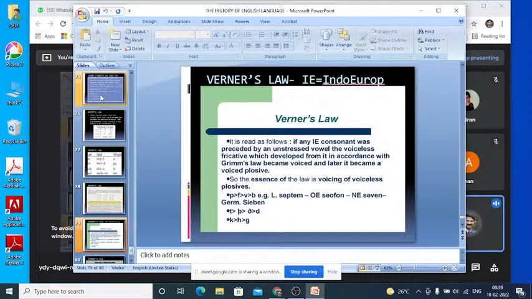Then syncopation, telescoping, root creation, portmanteau words. Then folk etymology, functional shift. Then words deriving from proper names. All that is the answer to word formation.